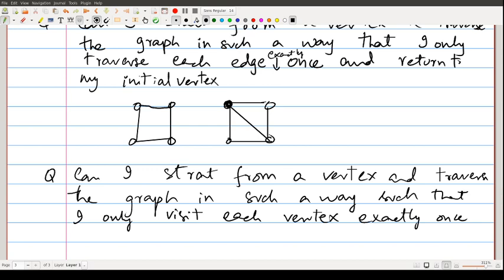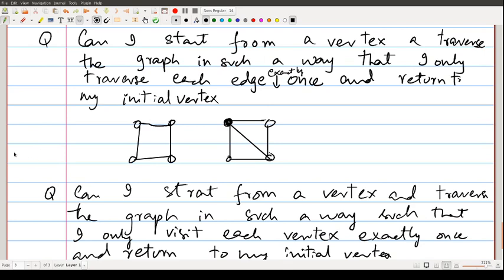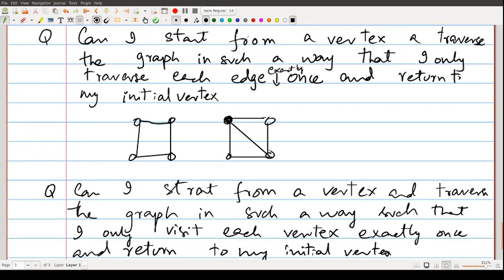That's another question that you can ask about graphs. These questions are very similar. One of them has a very easy answer, the other is very difficult to answer. They're very similar questions, but with very different answers.